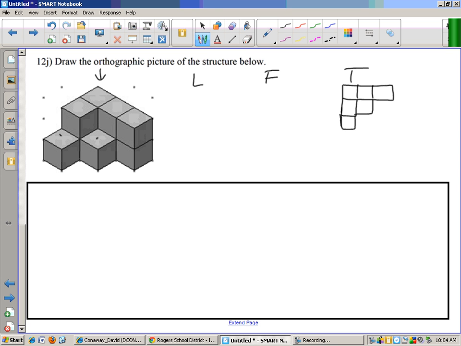So what do I see from the front? Sorry, I should say this is right. What do I see from the front? Well, call that front. How many blocks do I see when I'm looking from this direction? 1, 2, 3, 4, 5, 6.